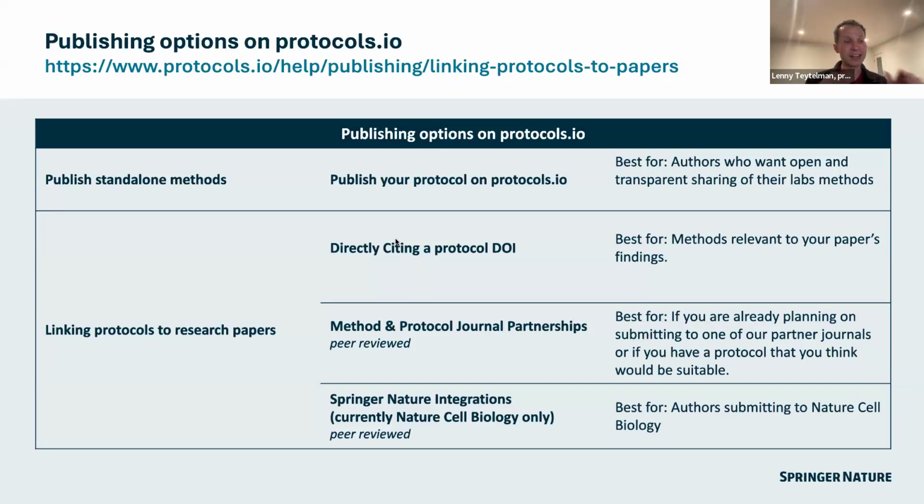We'll dive into that in a couple of minutes, but a lot of people use Protocols.io to help with publishing their research papers, to make them more reproducible and comply with expectations of funders and publishers.